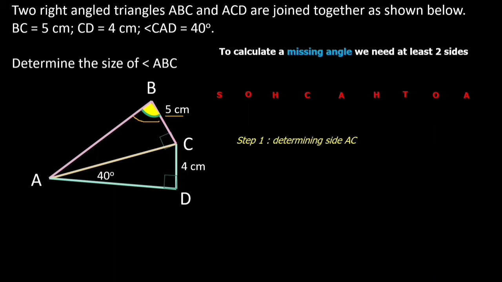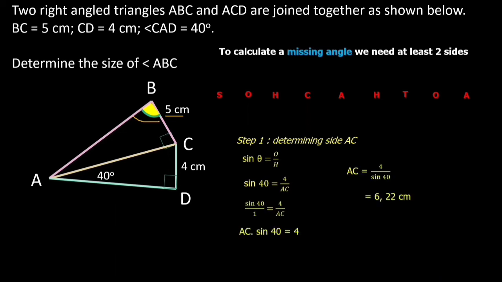The sine of theta is the opposite side over the hypotenuse, CD over AC. Sine 40 equals 4 over AC. Therefore, by cross multiplying and then dividing, AC equals 4 over sine 40, which is 6.22 centimeters.